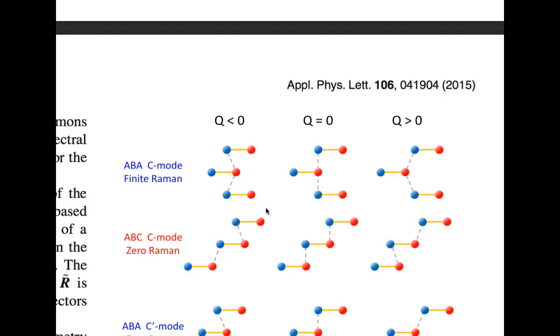If you shine horizontally polarized light, they will induce exactly the same dipole. So these two will produce the same polarizability. When you plot it out, the middle one will be flat. So this one is 0 Raman. Is that okay?